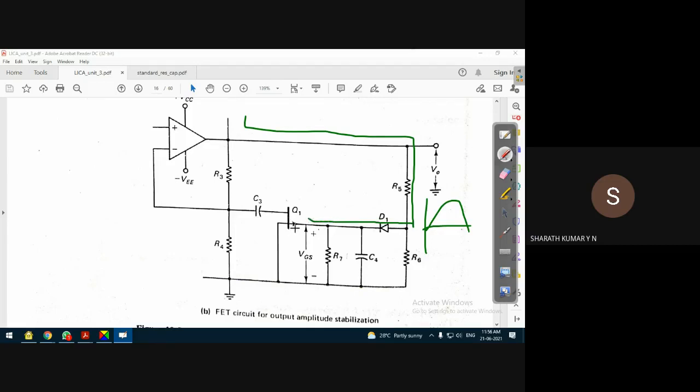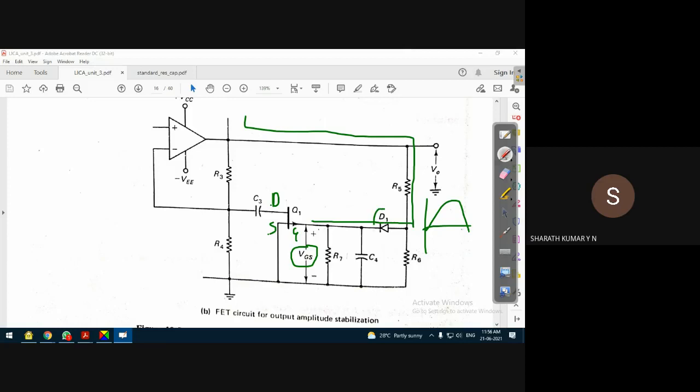This is the gate terminal of the transistor, this is the drain, and this is the source. Across gate and source there exists a VGS, the gate to source voltage.